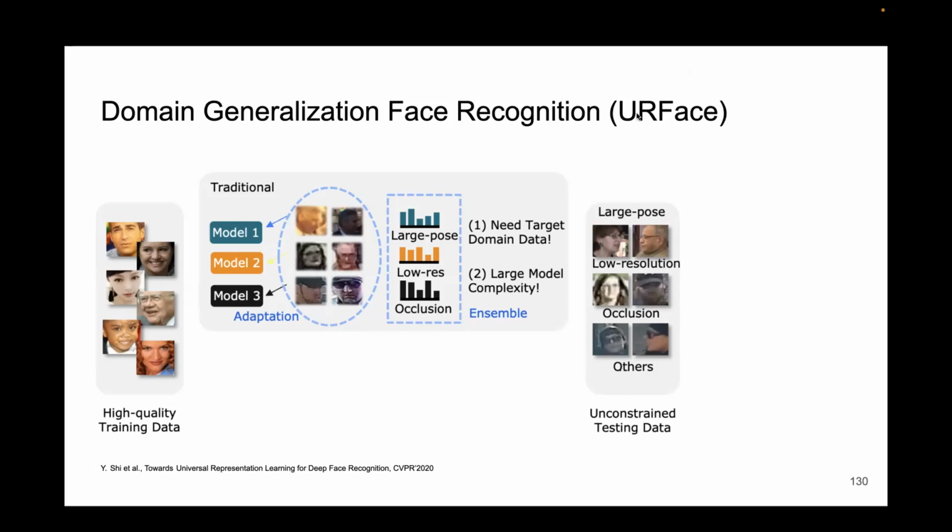In this way, we know that they are actually still domain adaptation kinds of approaches, which require target domain data to be involved in the overall training. And when you further try to ensemble across all those models, you may encounter a very large model complexity issue after the ensemble.